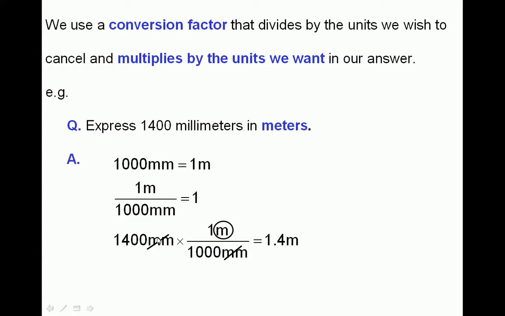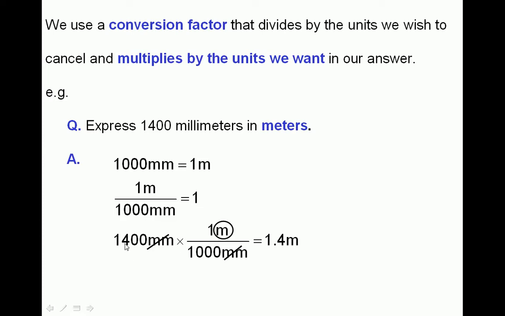And so this concept of leaving the units in while we're doing the calculation and treating them like algebraic terms and cancelling them out, this is what is referred to as dimensional analysis, and it's a really great way of making sure that you have performed the calculation correctly and you know that the units in your final answer must be meters. So I would recommend leaving the units in and doing this dimensional analysis in all of your calculations.